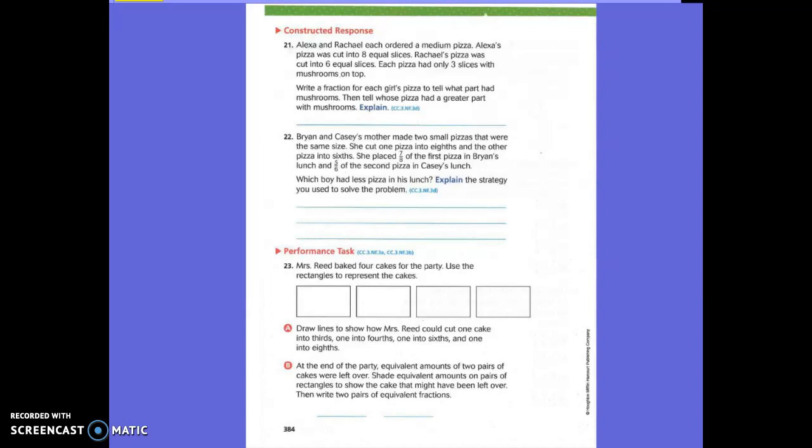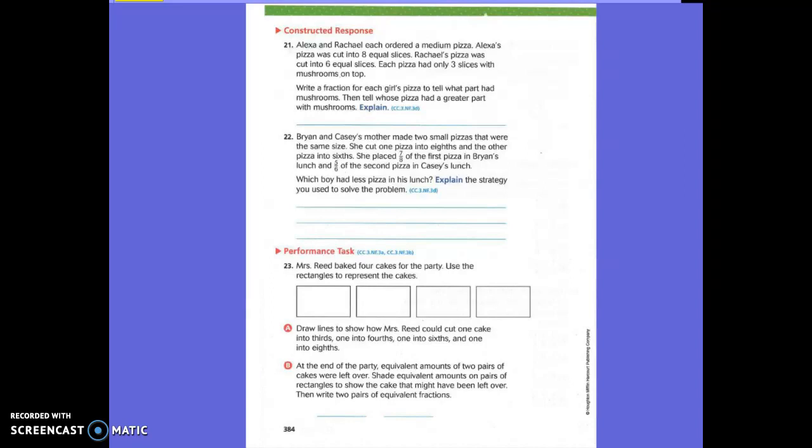Each pizza had 3 slices with mushroom on top. Write fractions for each girl's pizza to tell what part had mushrooms. Then tell whose pizza had a greater part with mushrooms.